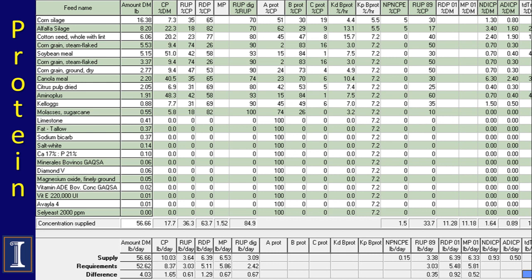The farmer is quite concerned he's going to lose milk production as far as that goes. There's your digestibility. You can see it's about 85% rumen degradable digestibility. I don't pay a lot of attention to that, but that would certainly change if you use poor quality proteins. And then you've got some other factors on the right side, different years, different ways of calculations, and different energy and protein relationships as far as bound protein.